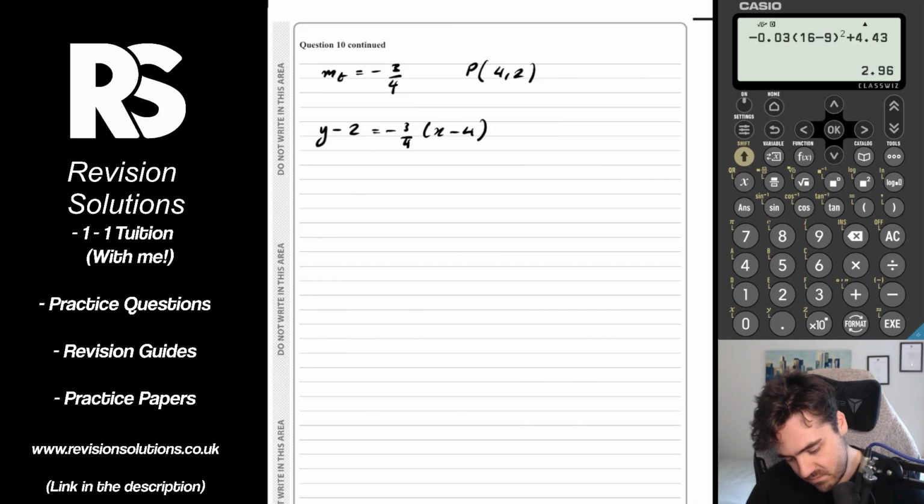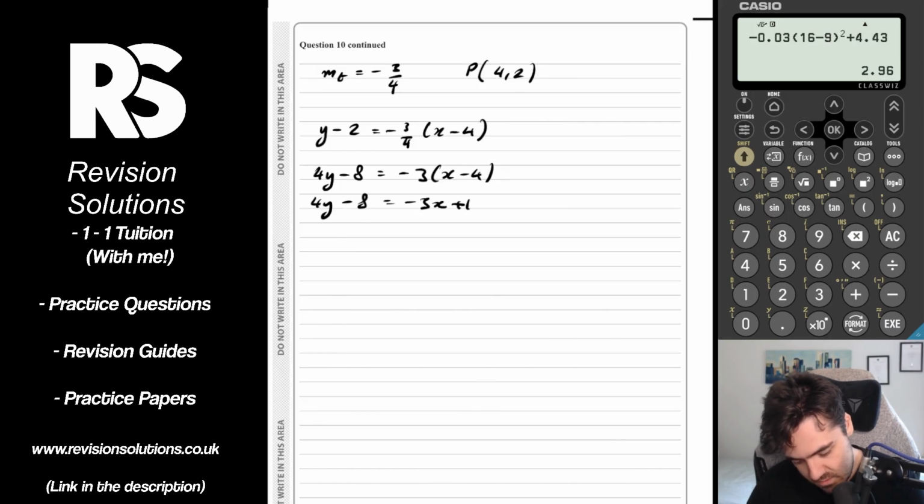That gives us 4y minus 8 equals minus 3 times (x minus 4), so 4y minus 8 equals minus 3x plus 12 with the double minus. Then bringing the x to the left and the constants to the right, we are left with 3x plus 4y equals 20.